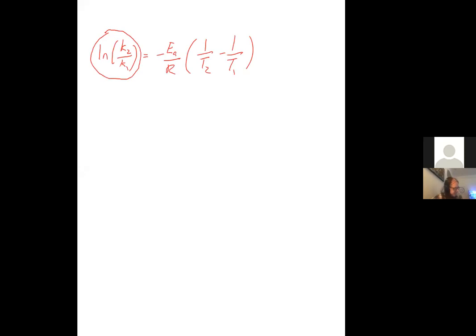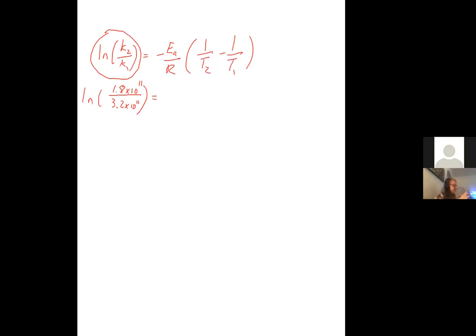So in this particular problem, they told you that at 141 degrees C, the value of K was 1.8 times 10 to the 11. And at 256 degrees C, the value of K was 3.2 times 10 to the 11, right? So you have those 2 values, so you can get a number out of that. How do you do that?